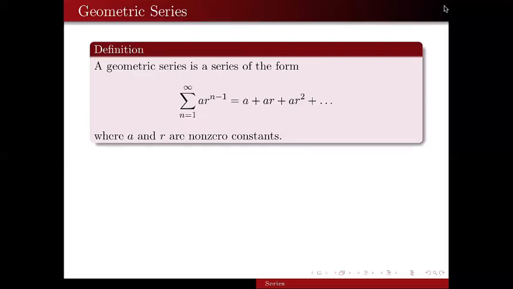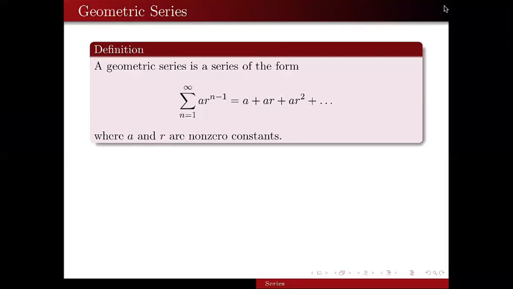So this is a plus ar plus ar squared plus ar cubed, etc. Where here, a is a constant. r is also a constant. They are both non-zero.